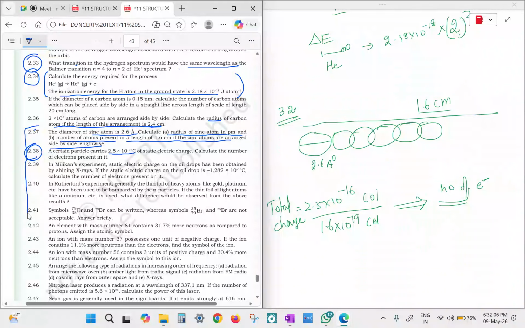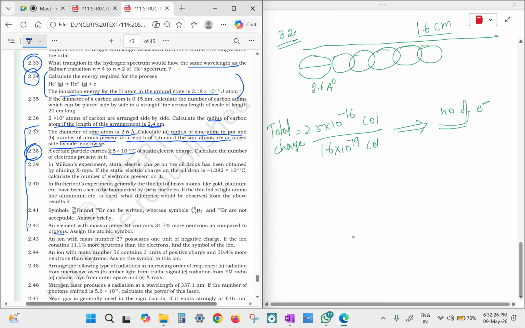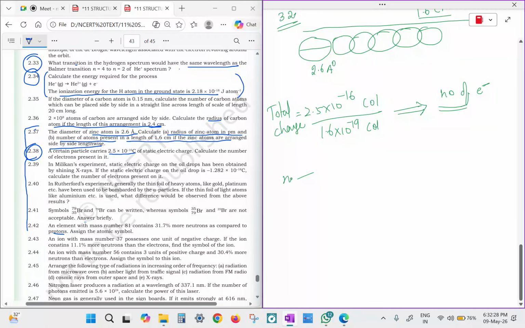These are all that you can do. This is purely maths. Symbol of, okay, this is at least something. But next you see, an element with mass number 81 contains 31.7% more neutrons as compared to protons. Assign the atomic symbol. So mass number is 81.